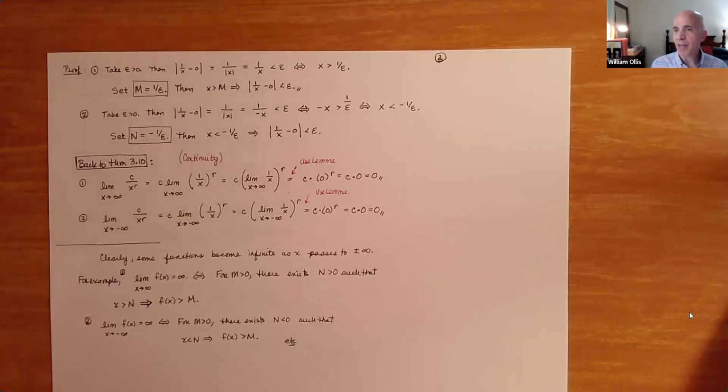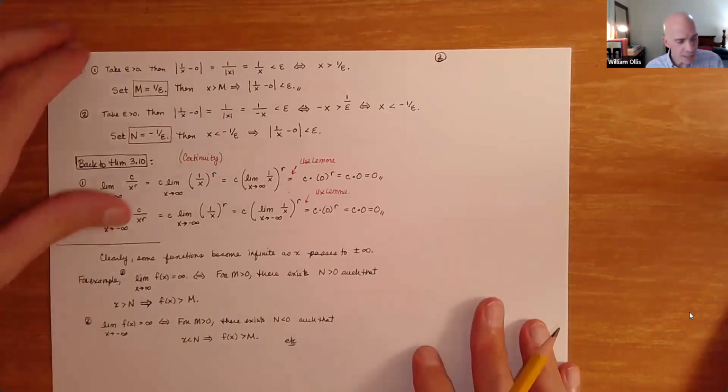Just like when we're thinking about deltas. Once we select a delta, any smaller delta will certainly work. So let's look at an example of this. I think this will help you see how we can correlate the definition with a specific example, just like we did with the calculations at the beginning of the course.